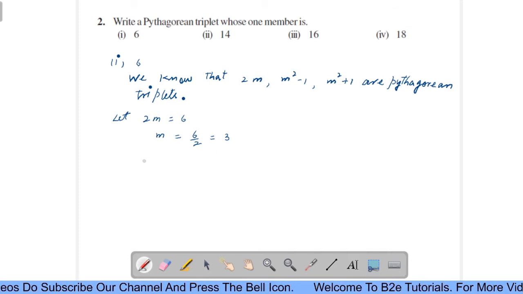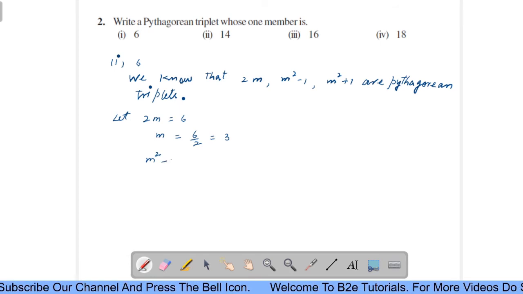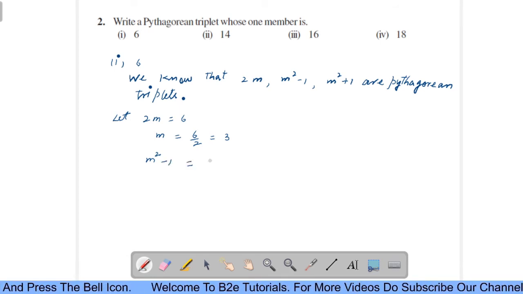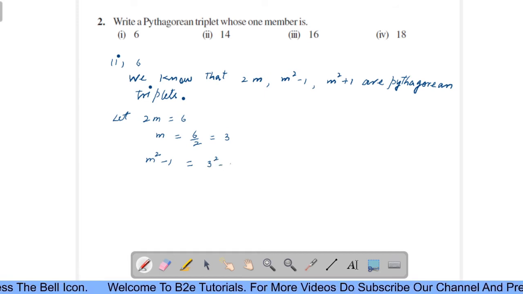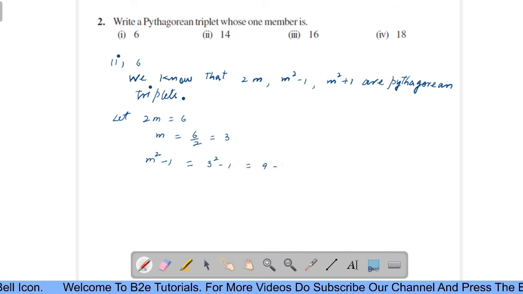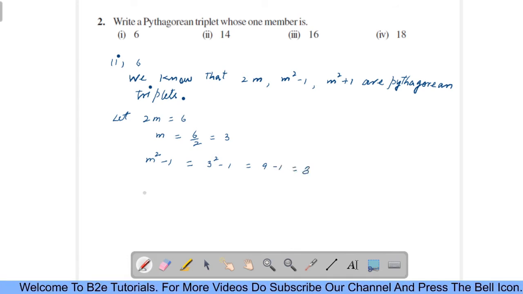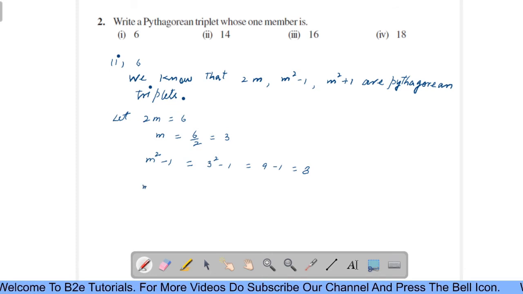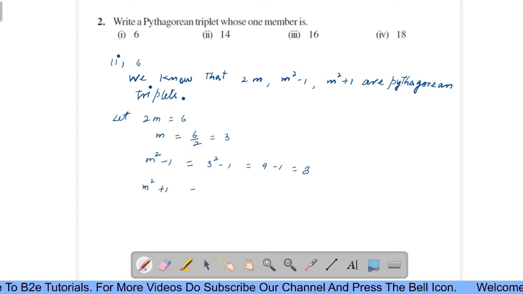Now find out m square minus 1. M is 3. 3 square minus 1. 3 square it is 9. Minus 1 it is 8. Next find out m square plus 1.